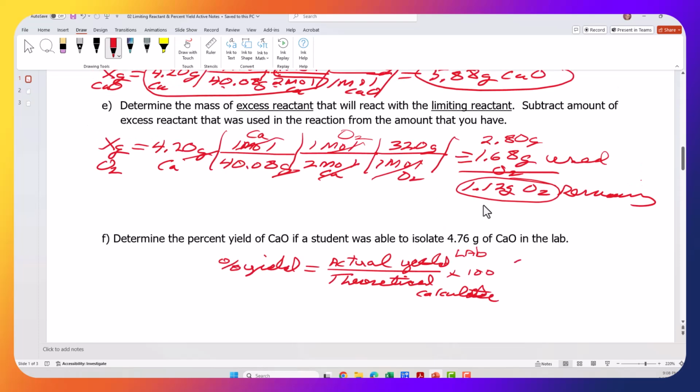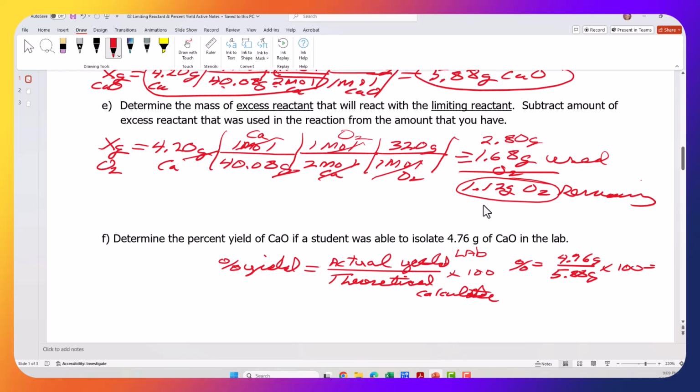So, my percent yield equals 4.76 grams divided by 5.88 grams times 100. Okay, so 4.76 divided by 5.88 times 100, and I got a percent yield of, it's 80.95.